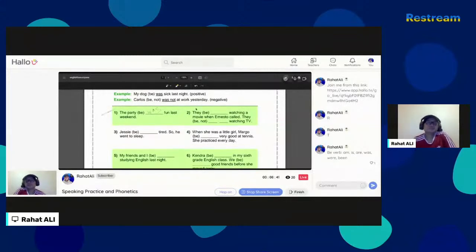Number 2, they be just watching movie having honest cold. They be not watching TV. What do you think, guys? So once again, you can see there is a verb with ing form.